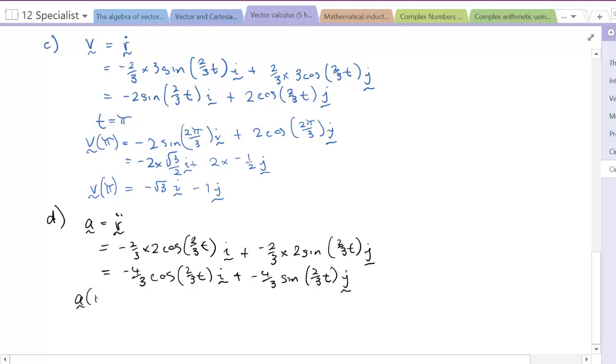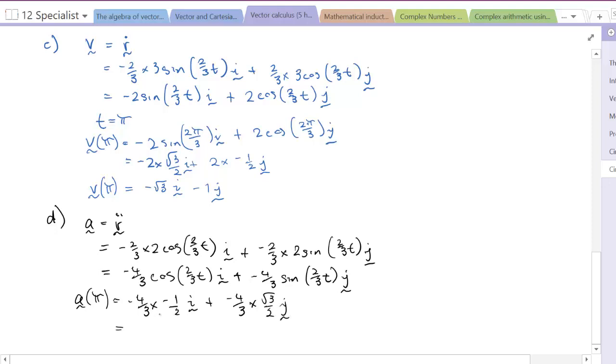Now, when t is equal to pi, we've got -4/3 multiplied by -1/2 in the i direction, and we have -4/3 multiplied by √3 on 2 in the j direction.